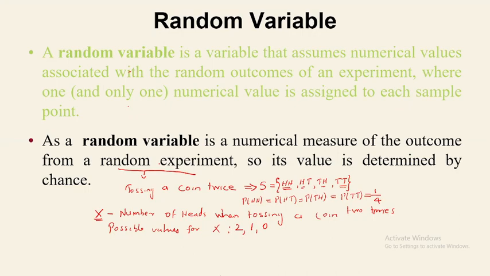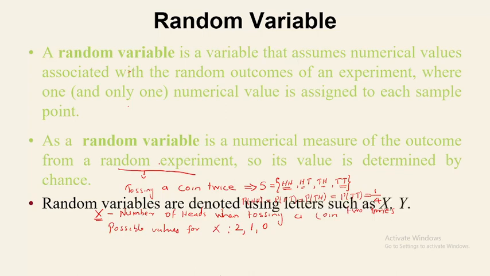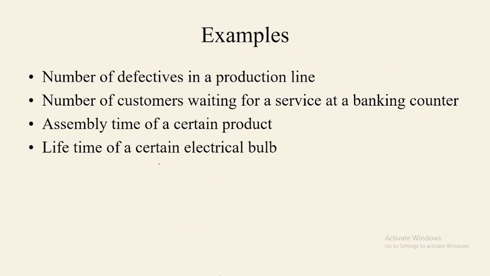That's why we call this a random variable, right? So this understanding you need. Usually, these random variables are denoted by capital X, capital Y. For example, number of defectives in a production line.